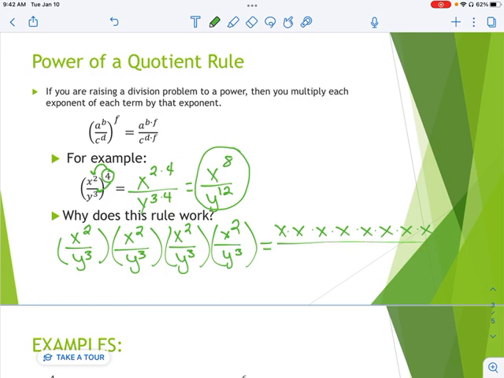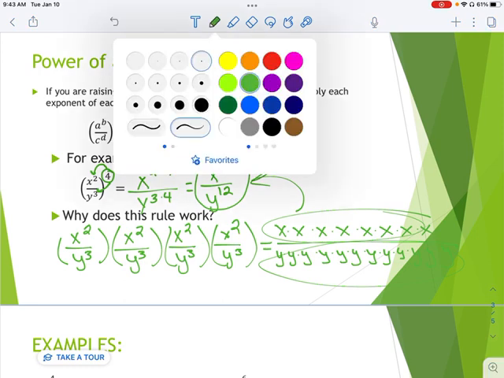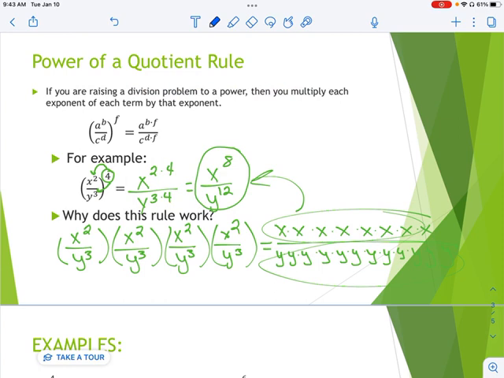And for each of the groupings, you have a y times y times y. And if you take those and add all those up, you're going to end up with 8 x's and 12 y's. Okay? Now, the other one I wanted to show you before we start into some examples.